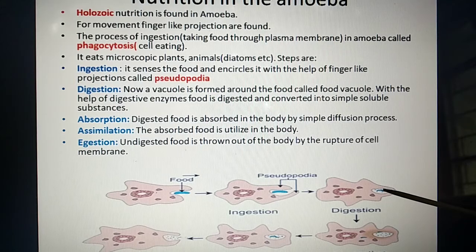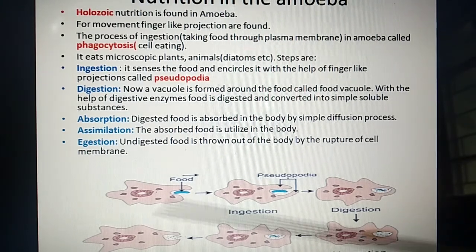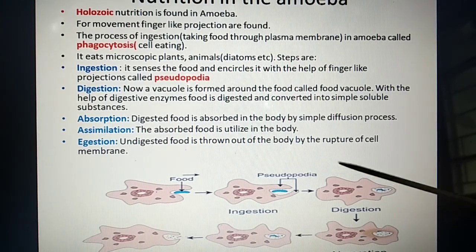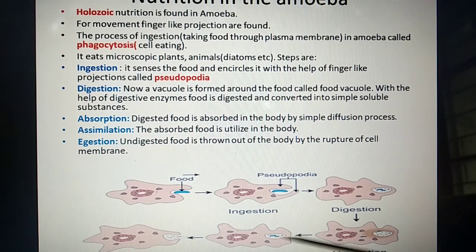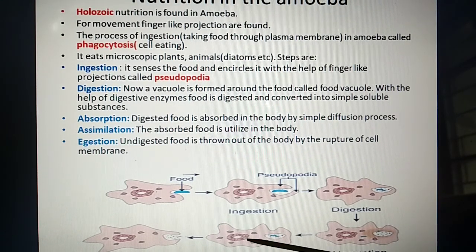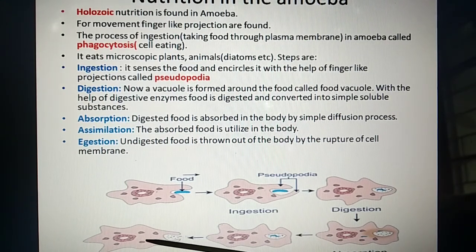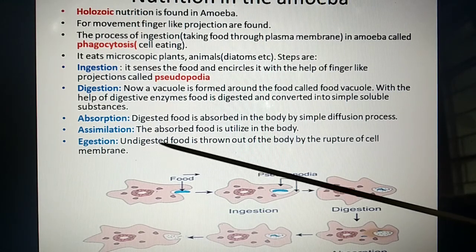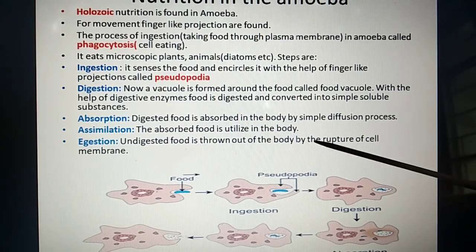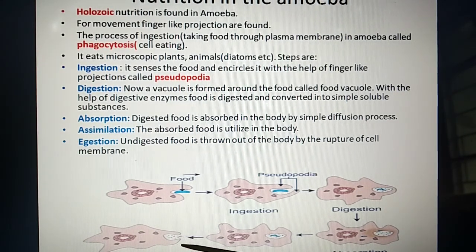The food which is absorbed in the body is utilized in the body. This one is absorption, then the absorbed food is assimilated in the body, and in the last we can see, undigested food is thrown out of the body by the rupture of the cell membrane.